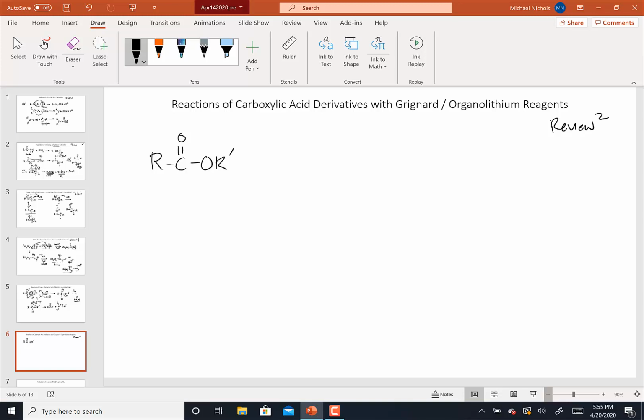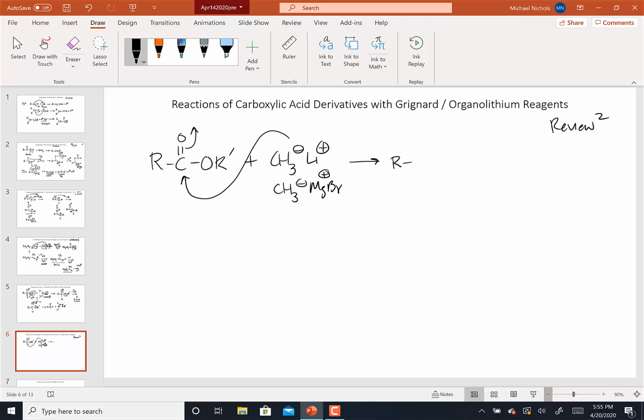What happens when we react an ester with something like methyl lithium, or this is interchangeable in this class with a methyl magnesium bromide? So what's going to happen is the CH3 minus is going to come in and attack the carbonyl, and the pair of electrons will go up there.